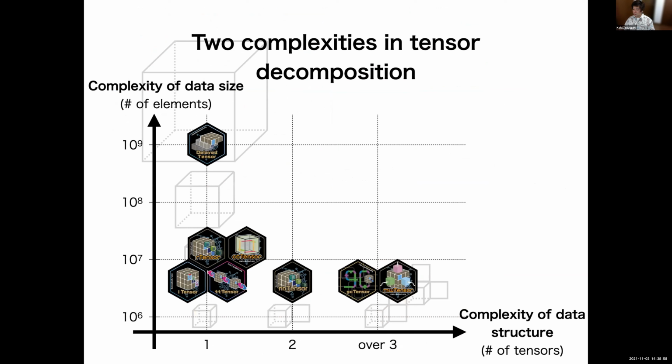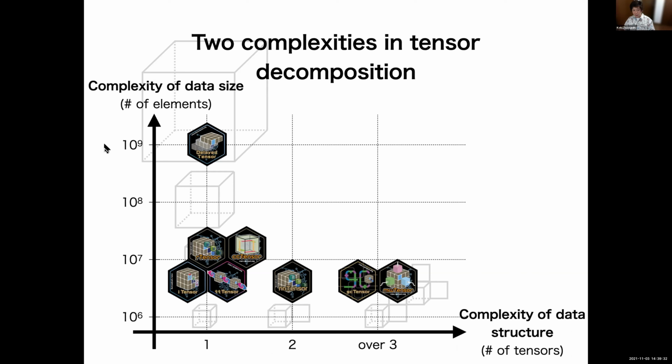Tensor and tensor decomposition are very versatile and actually used for all kinds of life science problems other than CCI detection. However, there are still technical challenges to overcome. In this plot, these are all R packages, and the x-axis means how many tensors can be used in each package. It is also interpreted as the complexity of data structure.